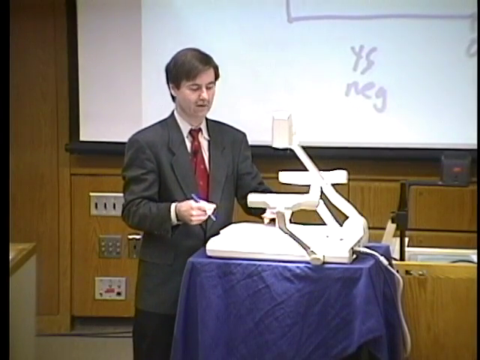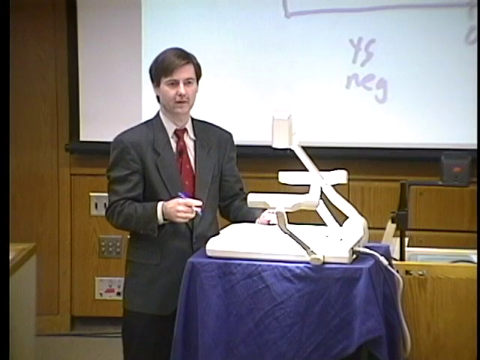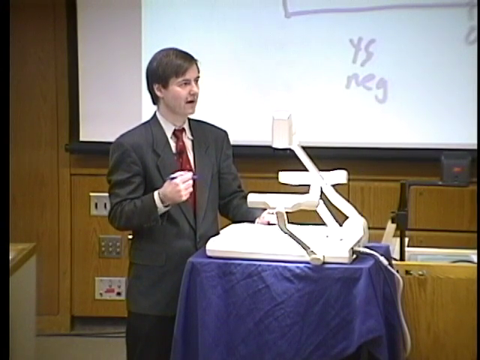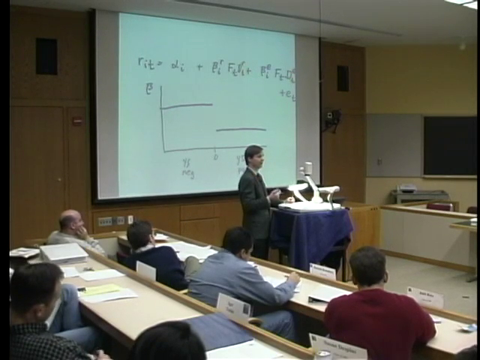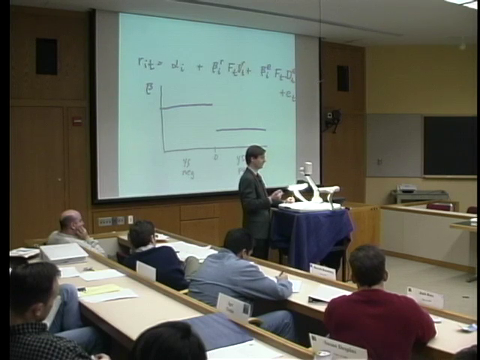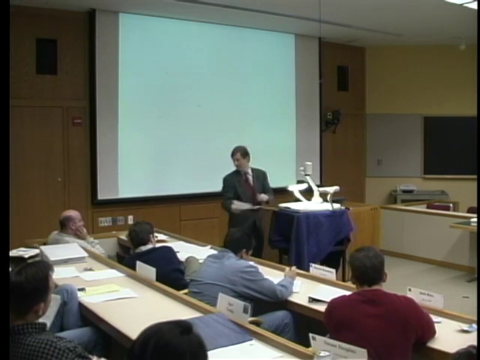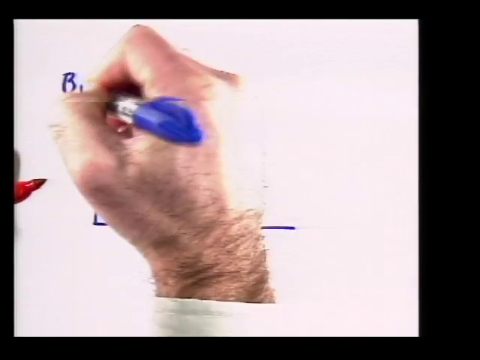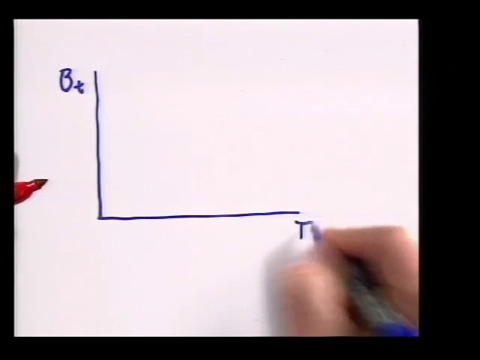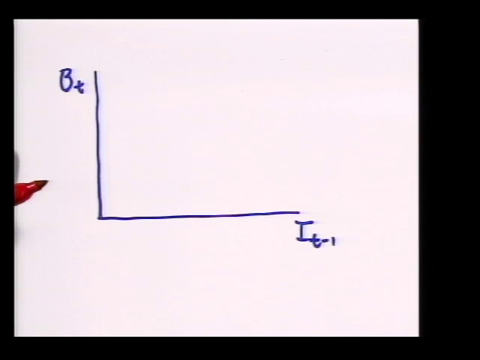What I'm suggesting is different in that we've now got a beta which is a function of the interest rate. So instead of taking a jump like this, we could again draw the beta diagram, and our variable was i_{t-1}. What is our beta function going to look like?